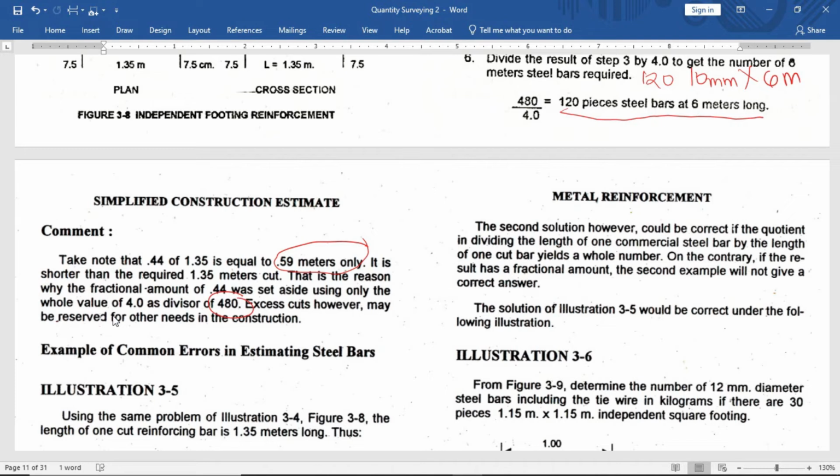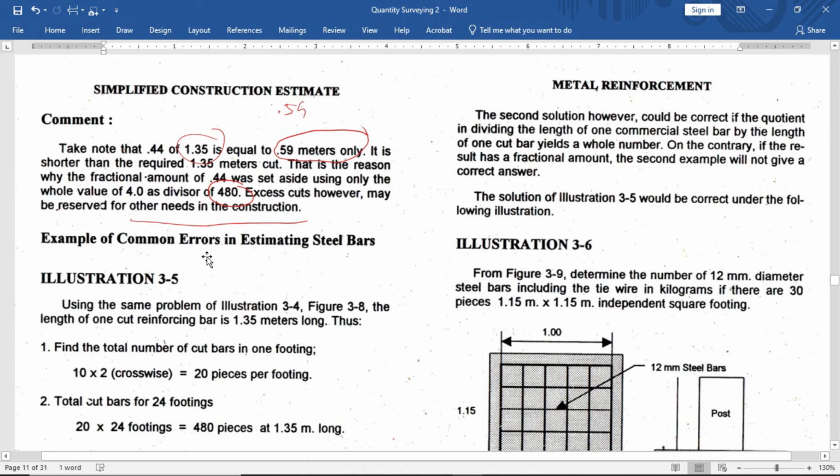So, excess cuts, however, may be reserved for other needs in the construction. So, kaya nga, hindi natin consider yung 0.44 kasi nga, yung 0.44 ng 1.35 is 0.59 lang, which is lesser than 1.35. So, kung sa mga excess cut naman natin, pwede naman natin gamitin yun sa ibang needs natin sa construction.